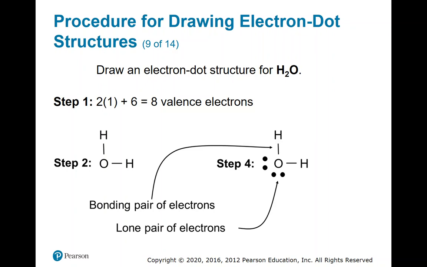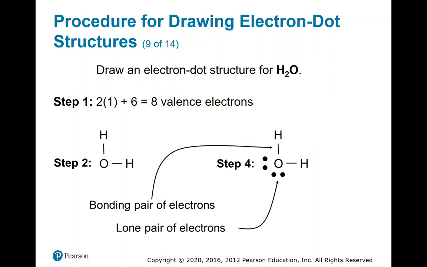So if we multiply our 1 valence electron from each hydrogen by 2, the number of hydrogens, that gives us 2, plus the 6 from the oxygen gives you 8 valence electrons. So that's the number of valence electrons we're going to have to draw from to put our molecule together.